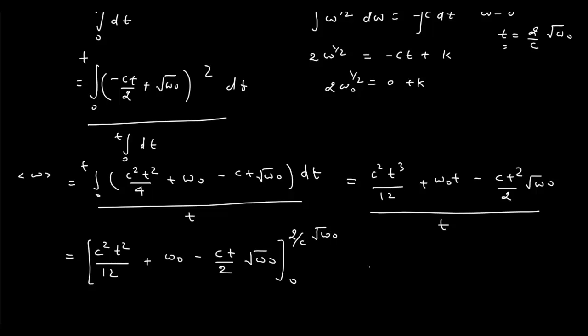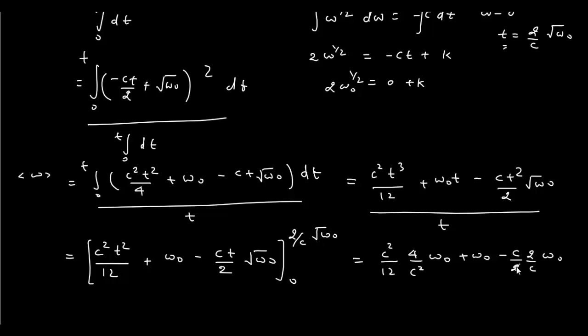So if I substitute the value of this t here, I will get c square by 12 times the square of this value, that is 4 by c square omega naught, plus omega naught minus c by 2, the value of this t is 2 by c, this omega naught and this omega naught will give omega naught.